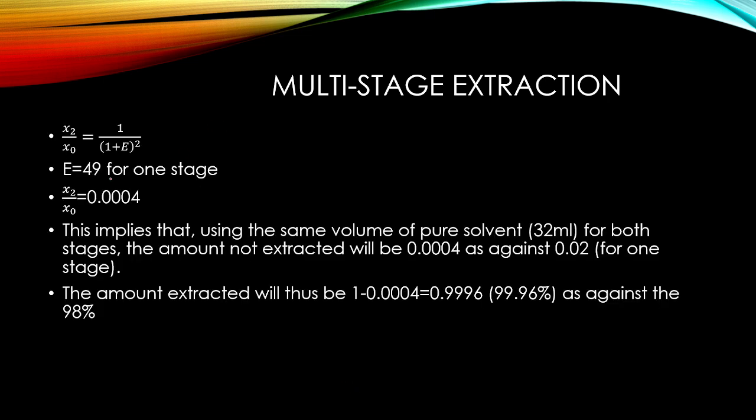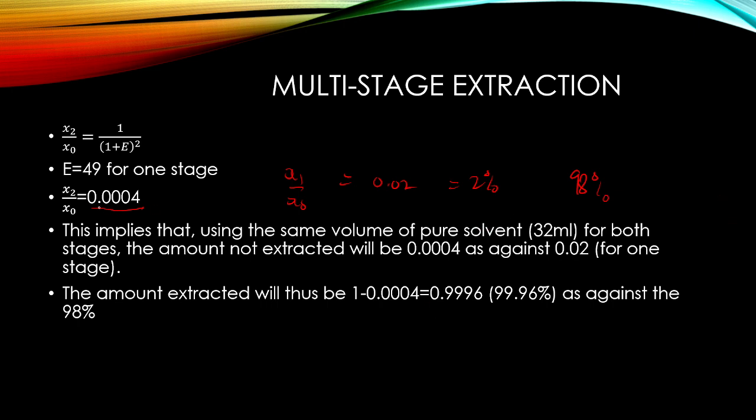Now, we know the E was 40. We've already calculated that. So if we put that in here, we'll get x2 over x0 to be 0.0004. So when it was a single stage, our x1 over x0 was 0.02, which meant that 2% was not extracted. And that also means that 98% of the solute in the carrier was extracted.